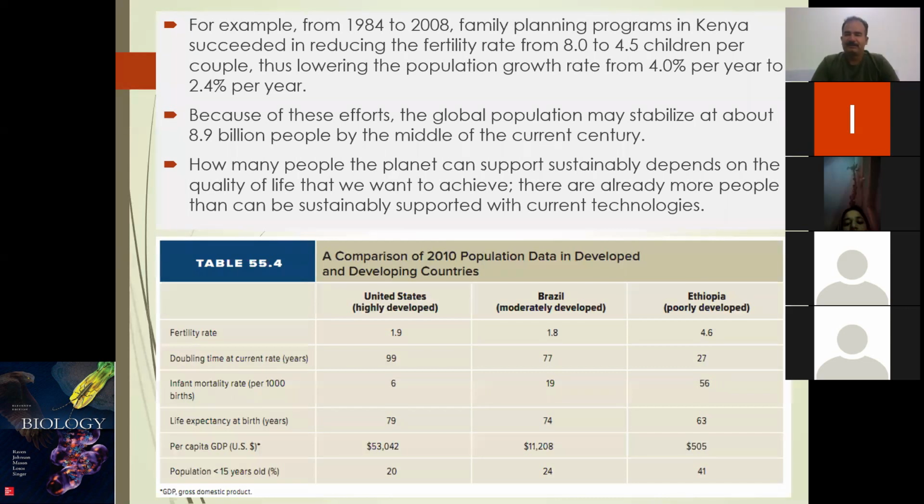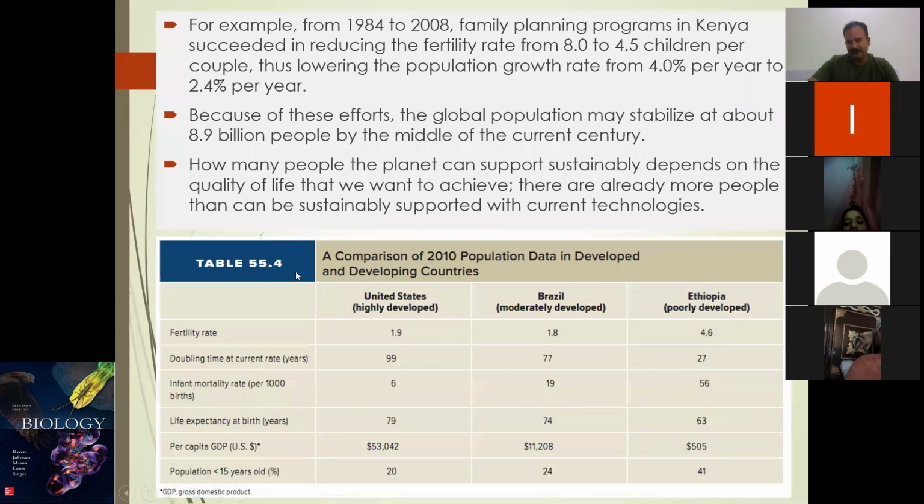Global population may stabilize at about 8 billion people in the middle of the current century, but this totally depends upon global joint efforts to control and manage the population. If the current growth rate of population remains unchanged, definitely the environmental resources of this planet will not support the human population.